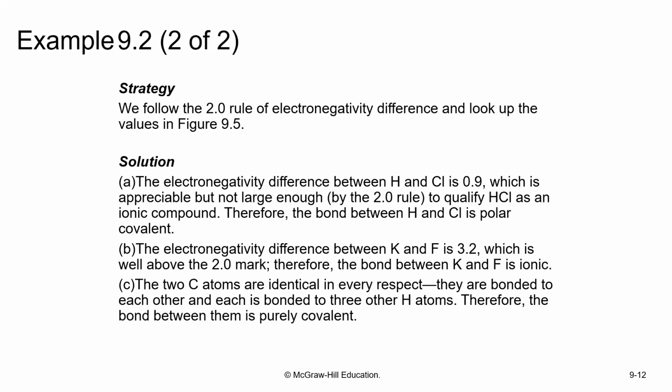Metal, non-metal, KF is ionic. It's a cation and an anion. The carbons are the same, they have the same electronegativity value. So covalent. So this is applying the electronegativity values on the periodic table.